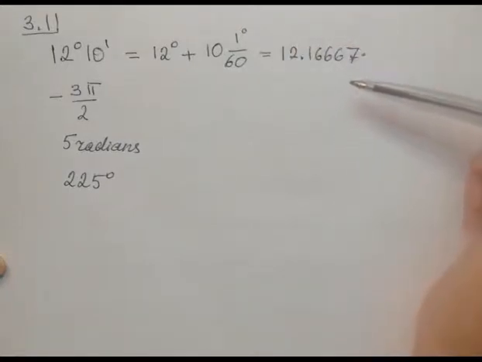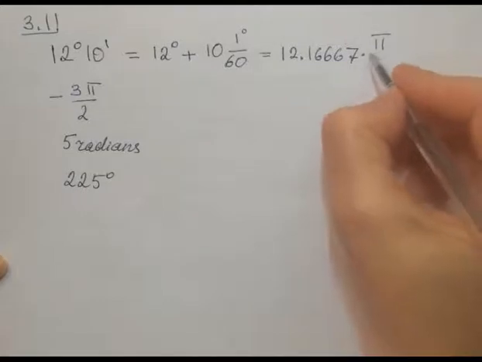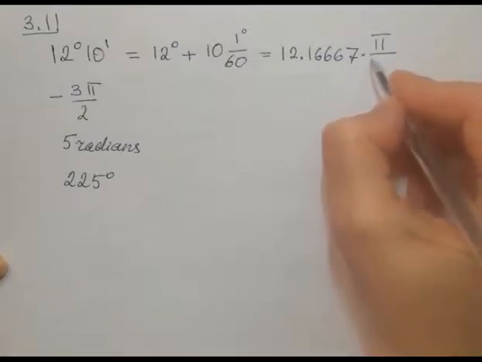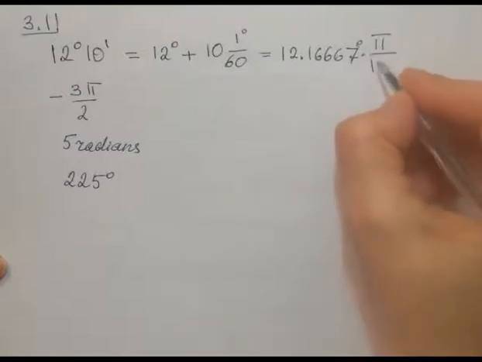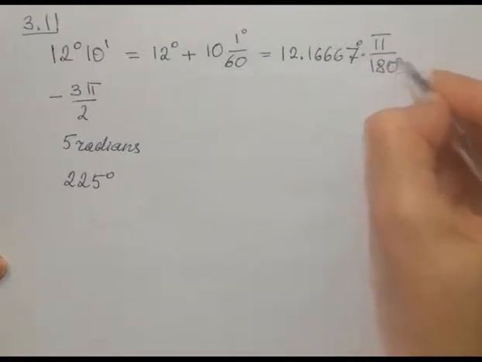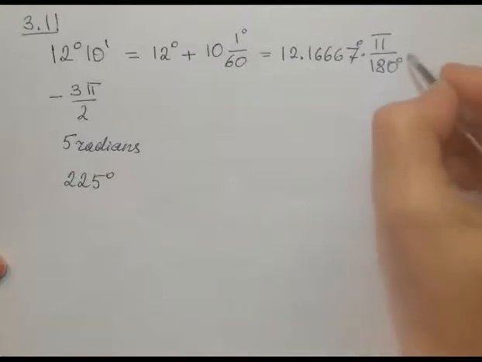Radians are often represented in terms of pi, so we want pi in the answer, and we want to divide degrees by 180. So degrees are, so to say, cancelled out, and pi remains in the answer.